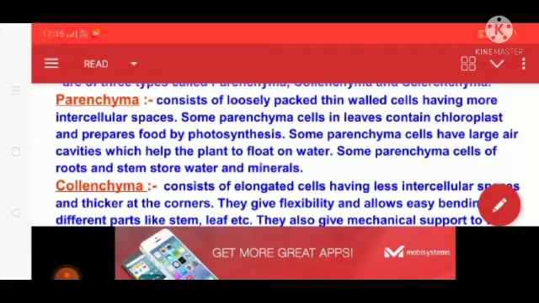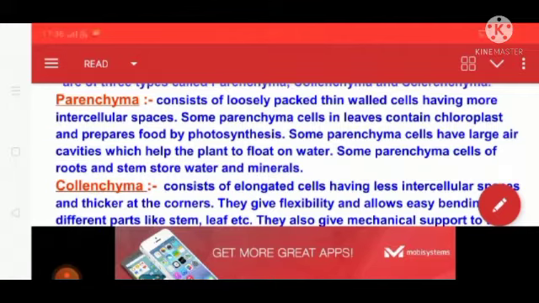Function of parenchyma. Parenchyma tissue store food material and transport it from cell to cell. They are present around the organs which gives shape to them. They act as packaging material in plants.